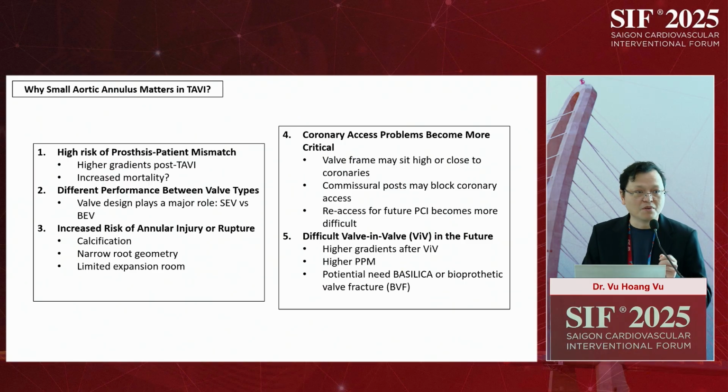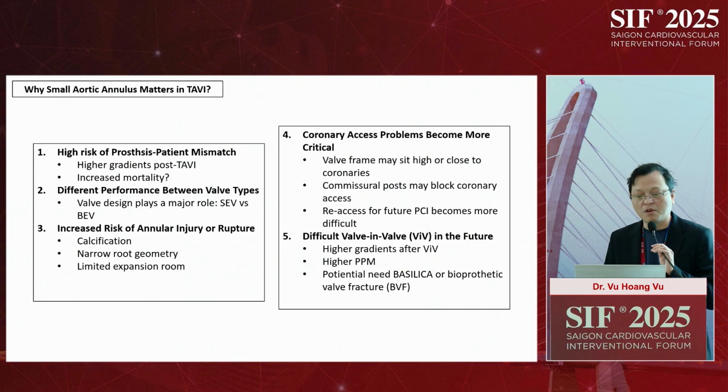Valve-in-valve in the future with a small annulus is also very difficult, with a high gradient compared to the normal one. So usually they have to use BASILICA or UNICORN or sometimes a shortcut device, as we saw in the previous lecture, to reduce the PPM of valve-in-valve in the small annulus.